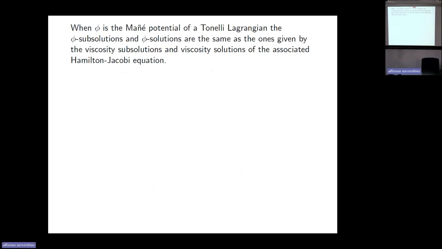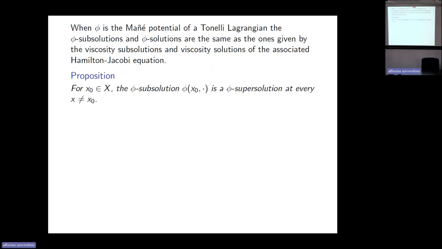However, when phi is the Mañé potential of a Tonelli Lagrangian, the phi subsolutions and the phi solutions are the same as the ones given by the viscosity solution notion of the associated Hamilton-Jacobi equation. I'll show you that today.